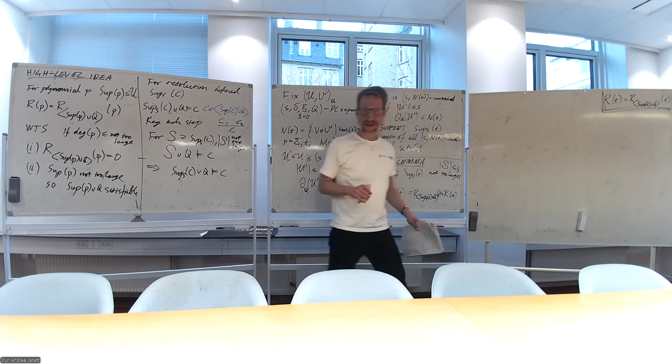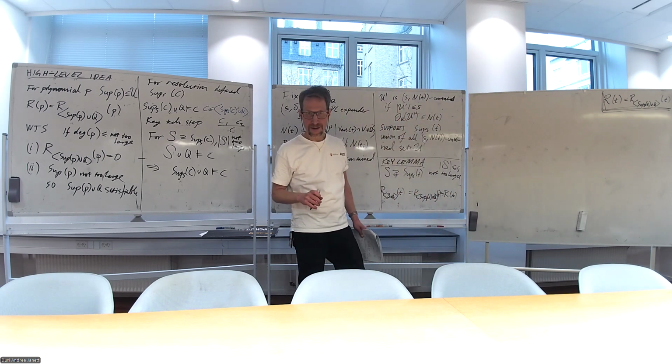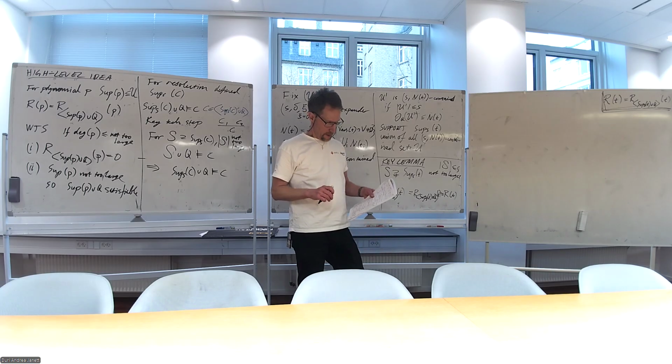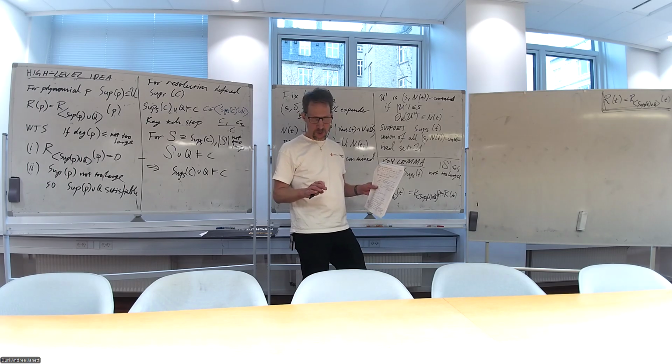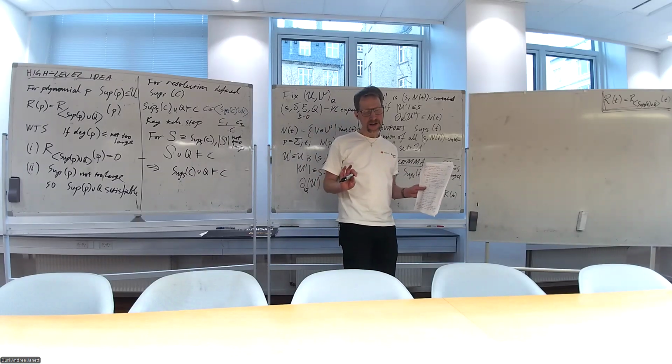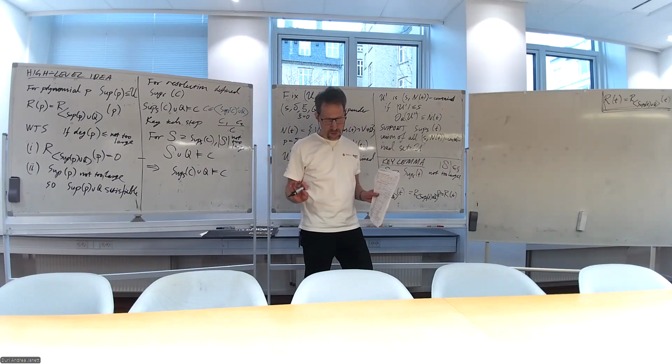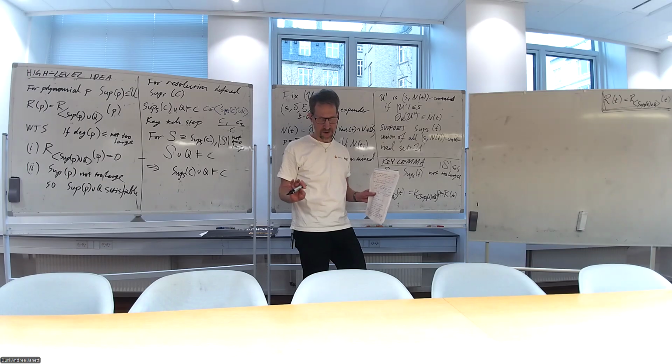Could you repeat again what was the intuition for the definition of the support? Like, how could one come up with this? The idea, again, what did we do for resolution? We're arguing against an enemy that is a resolution proof or a polynomial calculus proof.